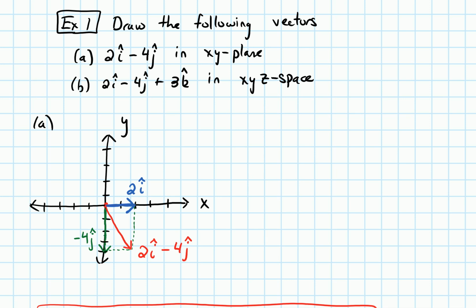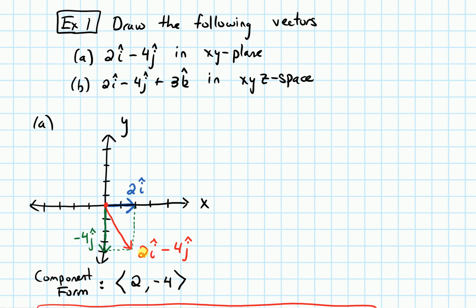All right, so there is another common way that a vector like this is notated, and that's what's called component form. Notice that this vector is basically drawn to the point 2 comma negative 4. And there's another way that we can notate that. We express it in these sharp brackets, and I put 2 in the first spot, and then a comma, and then negative 4.